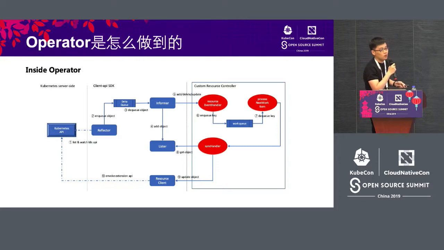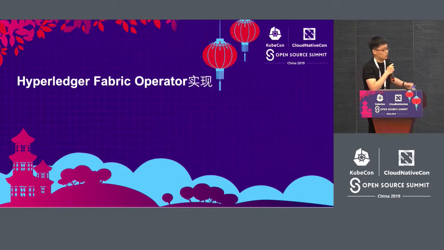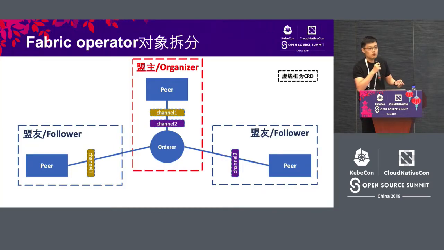The sync handler, after getting the events, will first get the object of the event, and then analyze the current status and the target status so as to work out the gap between the two statuses. And at this time, it will use the Kubernetes API, so that is a closed-loop process. So how has the Fabric operator been realized?